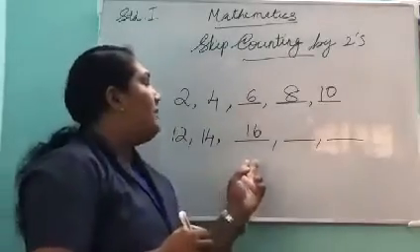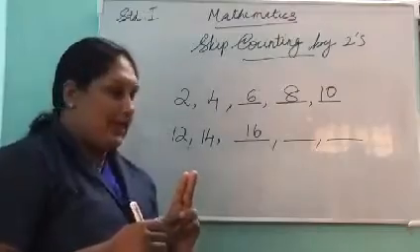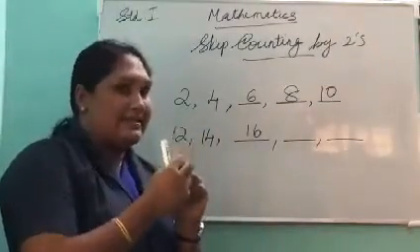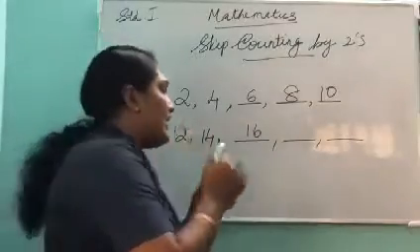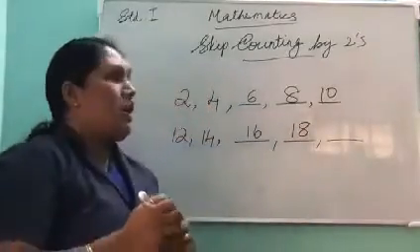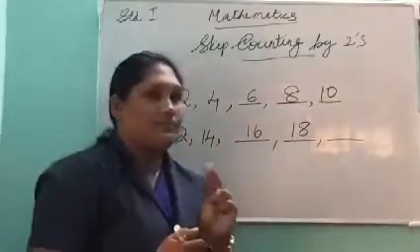Then what will be the next number? The next numbers will be 17 and 18. We skip 17 and write 18. Okay, tell me which will be the next number?